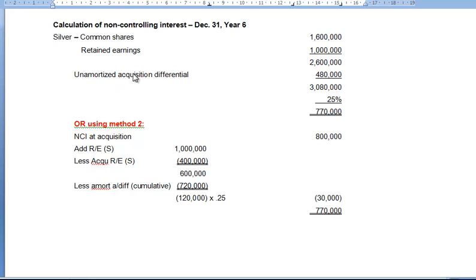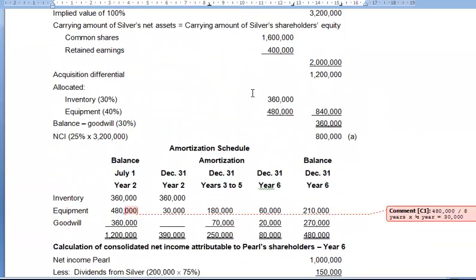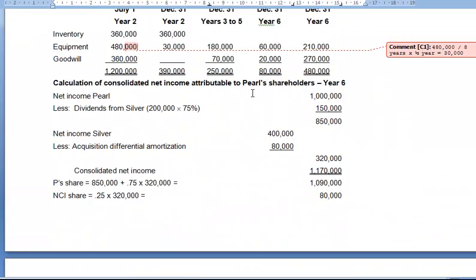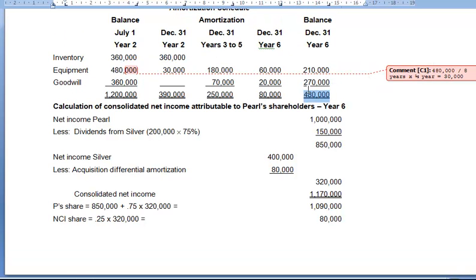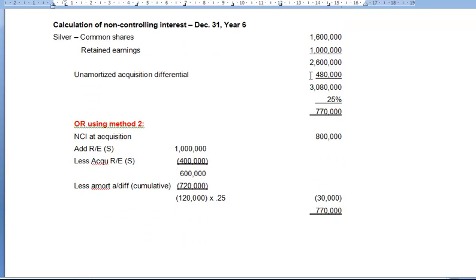We know that we have an unamortized acquisition differential if we go back up here to our schedule, right? Of 480,000. We got this from the question when we did the first part of the video earlier. So I'm going to use that. In total, that's 3,080,000. NCI shares 25% of that. So I'm going to get ending balance of NCI in the consolidated balance sheet of 770.